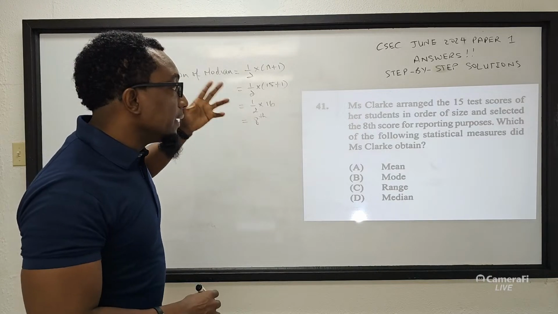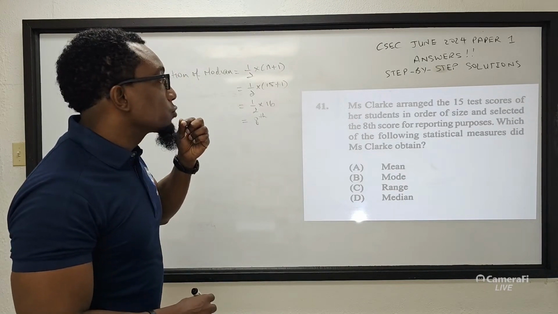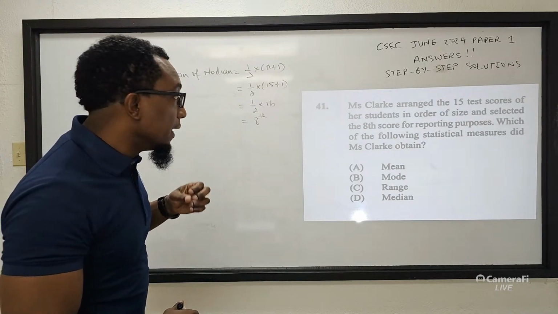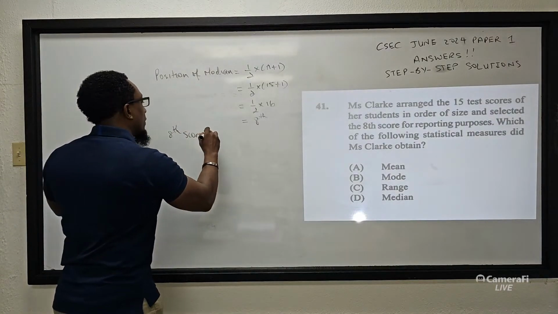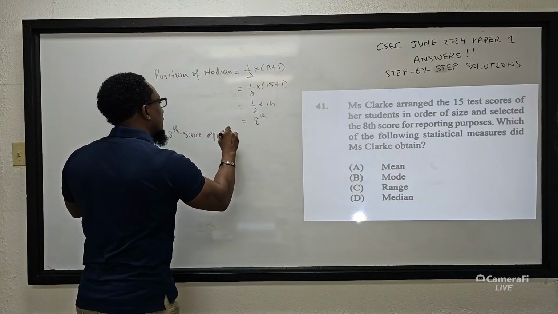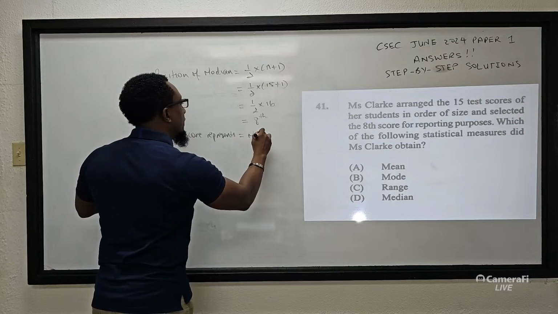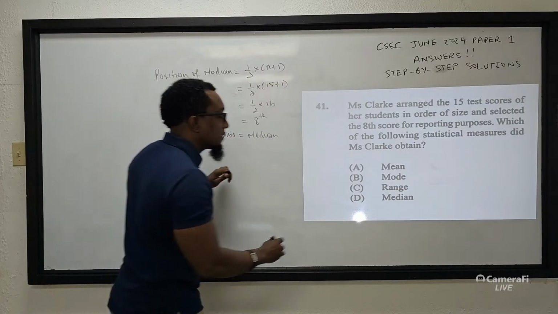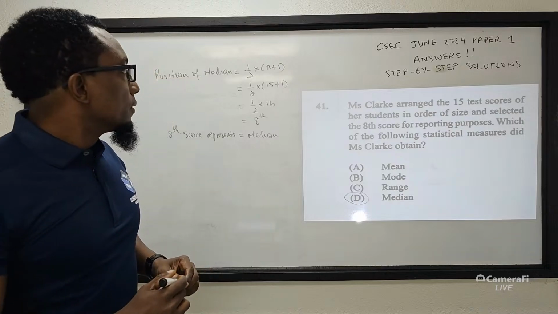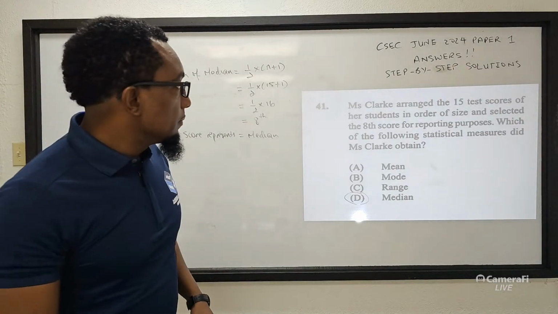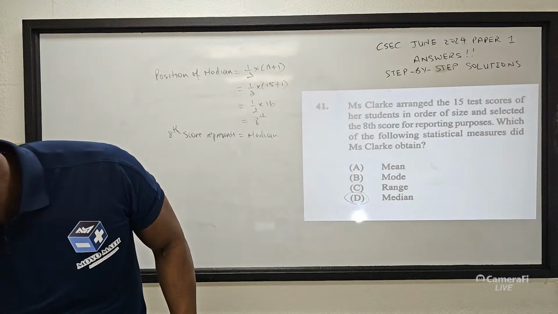So the 8th score represents the median. Right? The answer there is D. So let's look at 42.